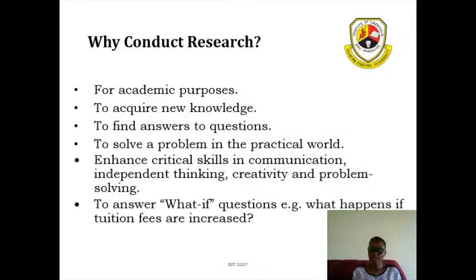So why conduct research? For most of you, your objective is to attain that degree. You may not really understand why you need to do research. You simply want to get that degree and present it to your parents, present it to a potential employer, and say, I'm here, I'm ready to work for you, I have achieved this degree.